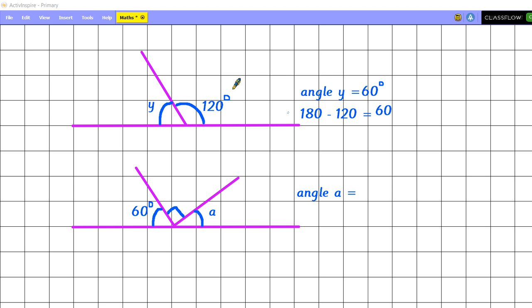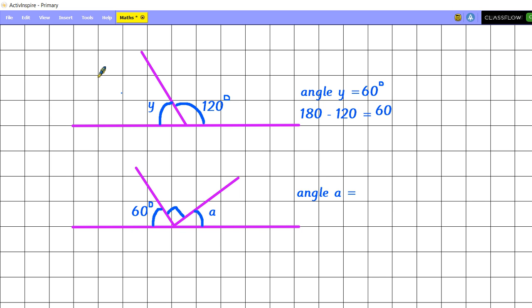Okay, so all I've done here is I've worked it out: 180, which is this total, and I'm getting rid of this little bit here. So 180 minus 120 degrees gives me 60. Therefore, angle y equals 60 degrees. Now, how can I check that I am right?